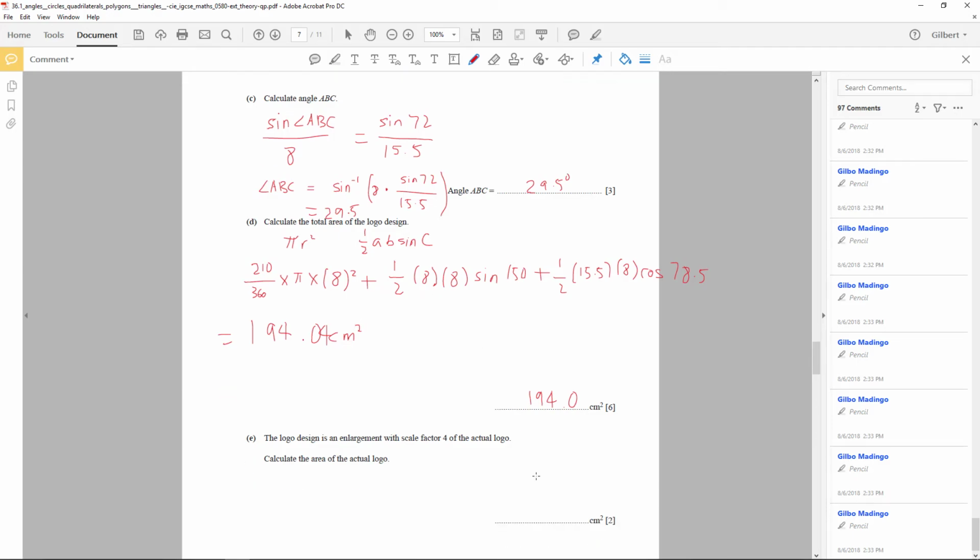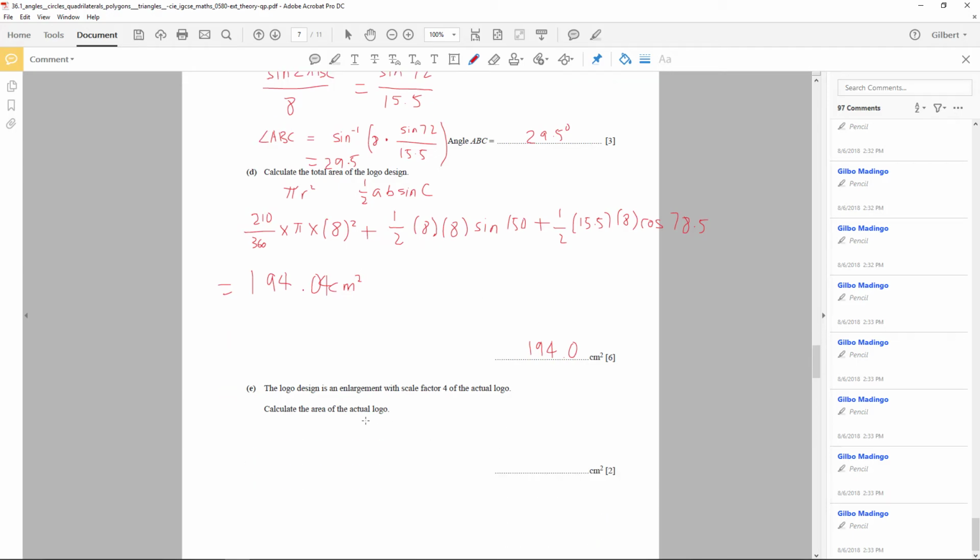Okay. Now the logo design is enlarged with a scale factor of 4 of the actual logo. Calculate the actual logo size. So we know that this is just a scale logo and we want to calculate the actual logo size. So using 194, enlarge it by 4.